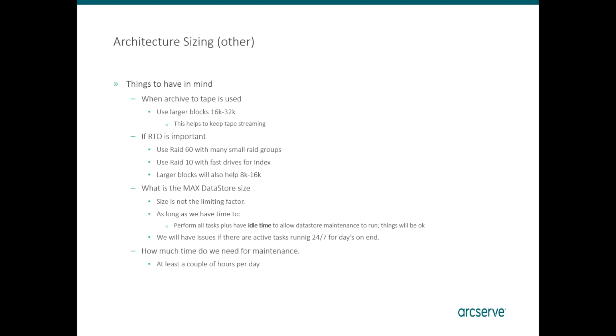If your RTO is important, meaning when a disaster occurs, how quickly you want to get back up and running, then that will indicate the investment, the type of drives, the type of RAID. So for a lower RTO, expect increased investment, utilizing larger blocks, and other things that will help in restoring faster.